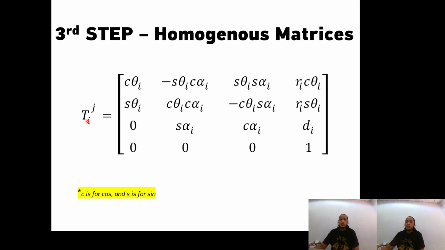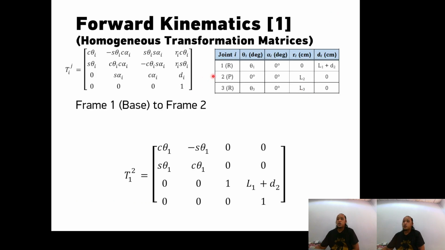So for this one, the homogeneous transformation matrix from frame i to j is going to be cos theta i, minus sin theta i cos alpha i, and so on. Based on this template, this is from frame 1 to frame 2, so we have to put in values from the equation here.